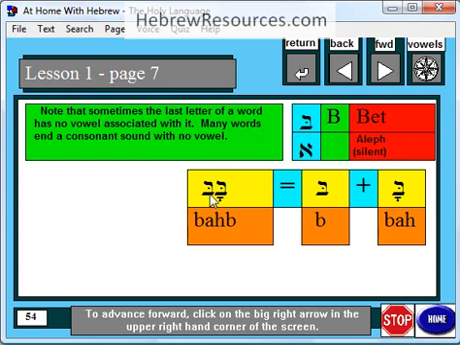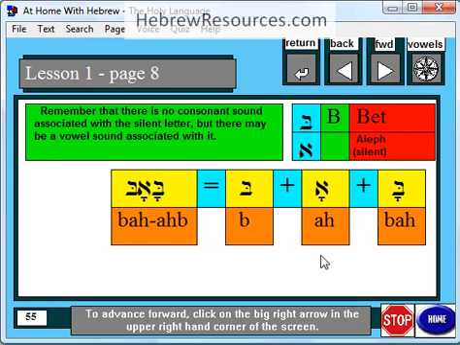So the word ends without a vowel. It ends on a consonant. Here's one more example. Sometimes in Hebrew you'll have two vowels in a row. So here you have ba, a, b. Ba'ab.